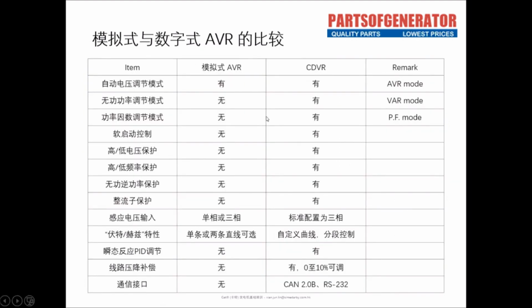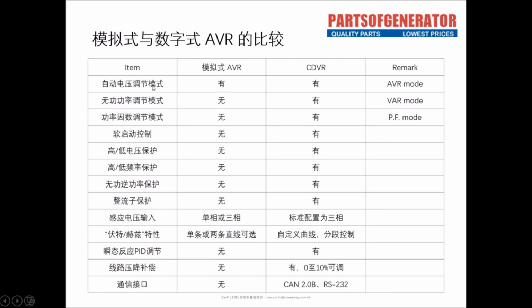The third type is called CDVR. CDVR refers to Carter Digital Voltage Regulator. From my experience, this CDVR feels the best, especially in the case of parallel operation.